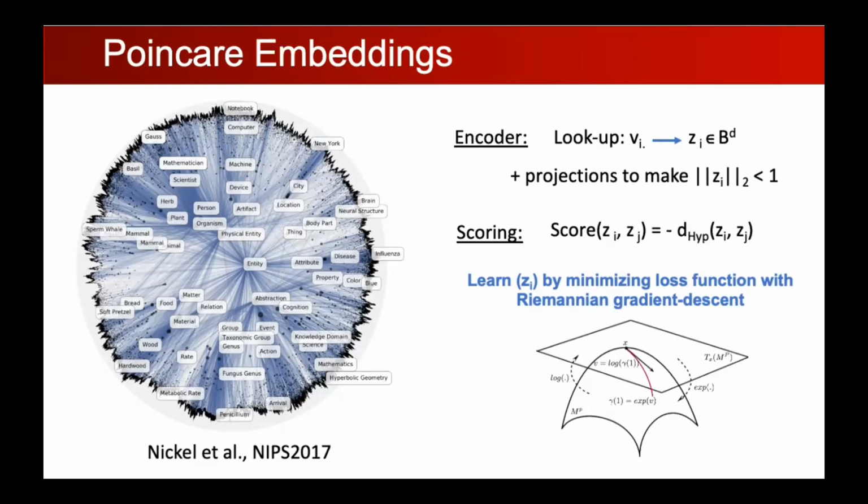And the embeddings can be learned using similar loss functions as we've seen before, except that we have to use Riemannian optimization rather than standard Euclidean optimization techniques. And the reason for this is that we want to make sure that points remain on the manifold after we apply the gradient step. And so Riemannian gradient descent is a technique to do so. And essentially it uses a technique called retraction to move around points that are on the manifold.